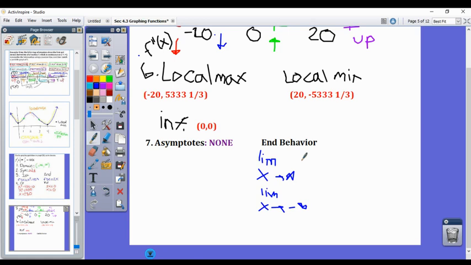What is f of x doing? Oh my goodness, this is really bad. Come on, thingy, stop thinking.